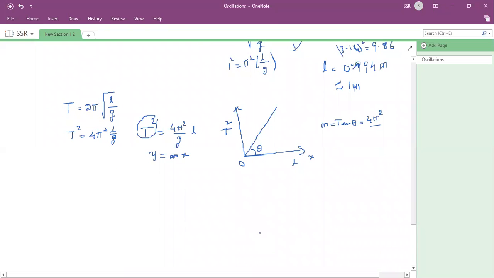Next we can go for one more graph, T versus L, time period versus length. In that case, how is it related?